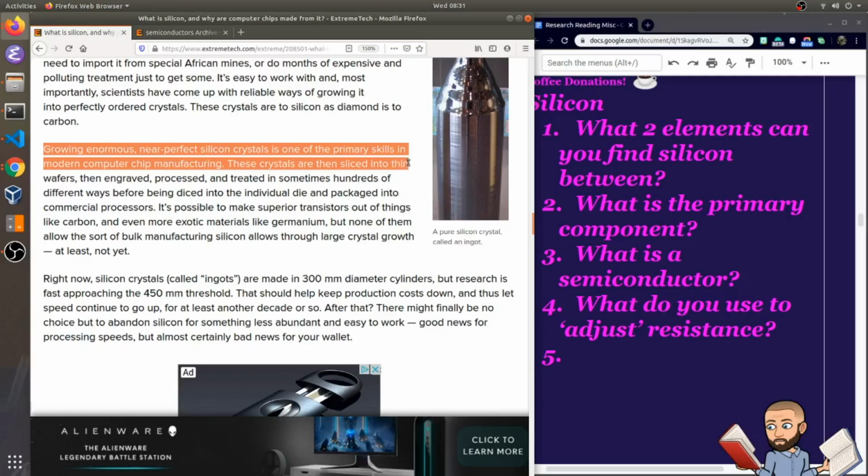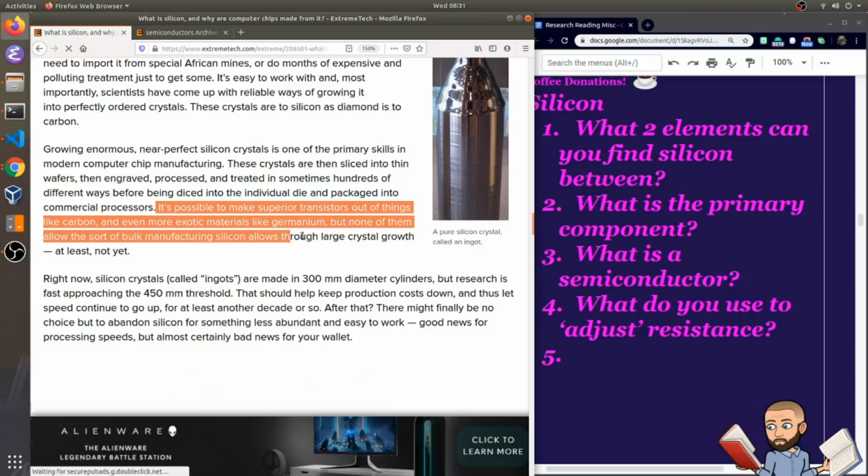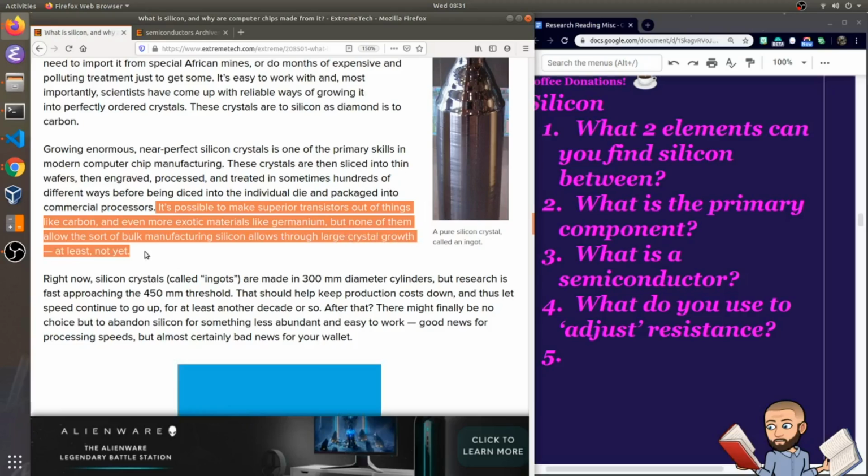These crystals are then sliced into wafers and then engraved, processed, and treated in sometimes hundreds of different ways before being diced into the individual die and packaged into commercial processors. It's possible to make superior transistors out of things like carbon and even more exotic materials like germanium, but none of them allow the sort of bulk manufacturing silicon allows through large crystal growth, at least not yet.